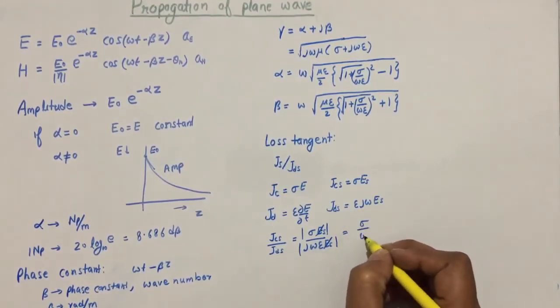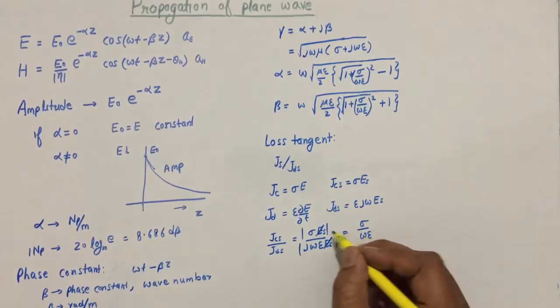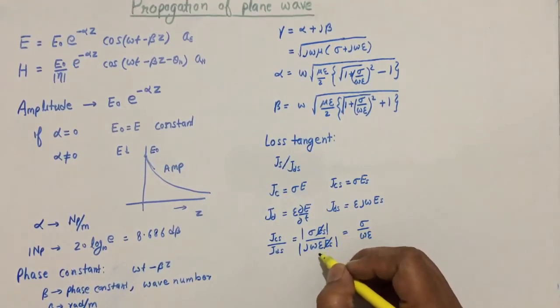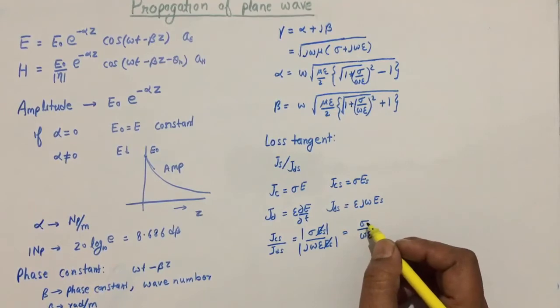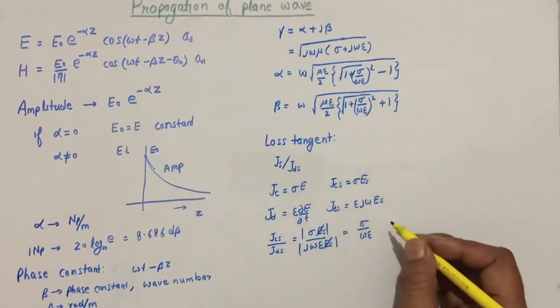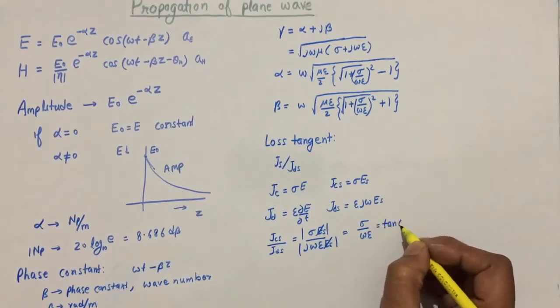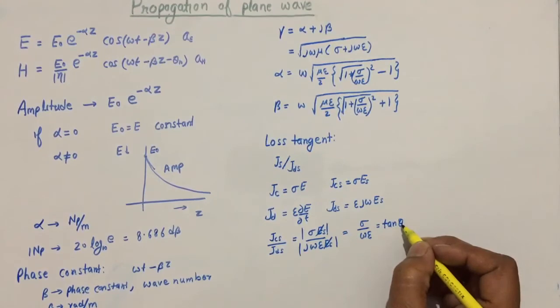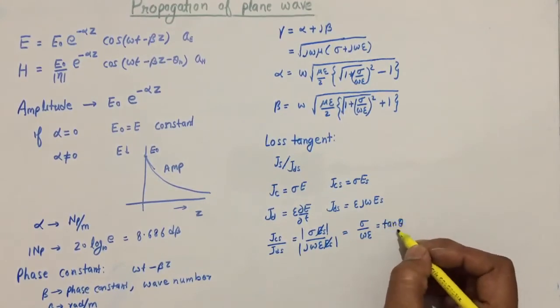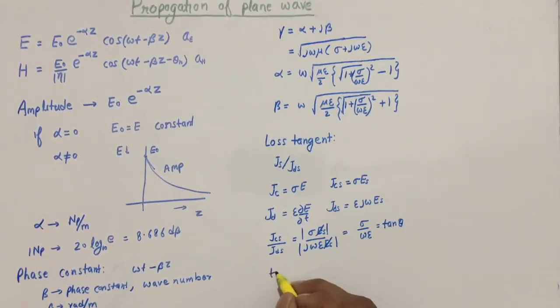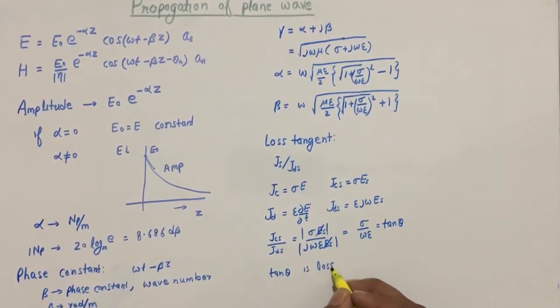The remaining term will be sigma divided by omega epsilon. This is nothing but the loss tangent, and it is also indicated by tan theta. So we can write tan theta is the loss tangent and theta is the loss angle.